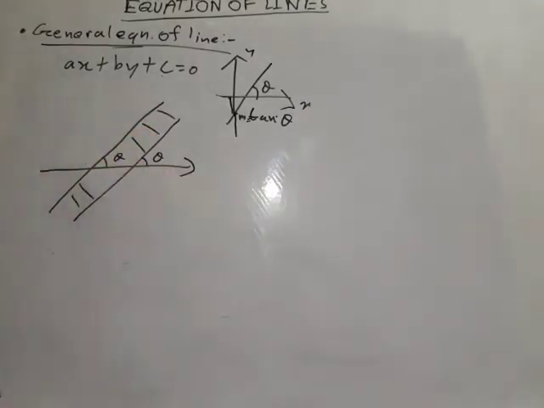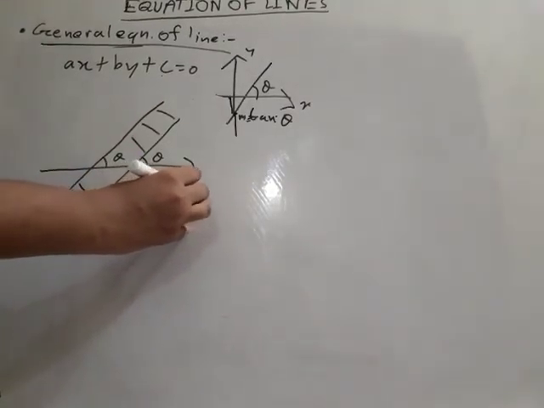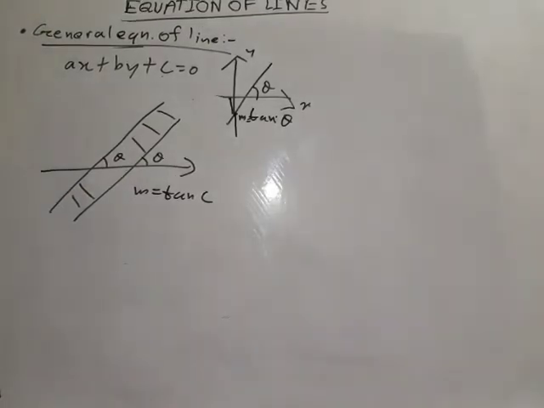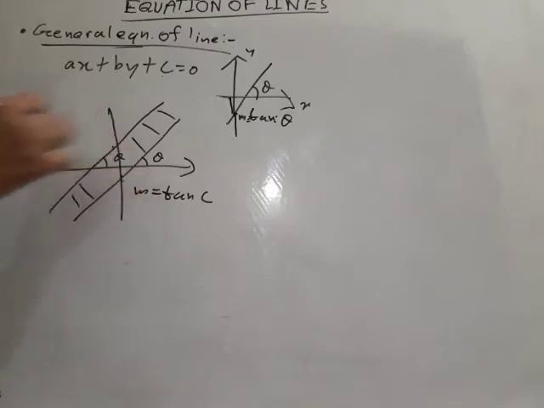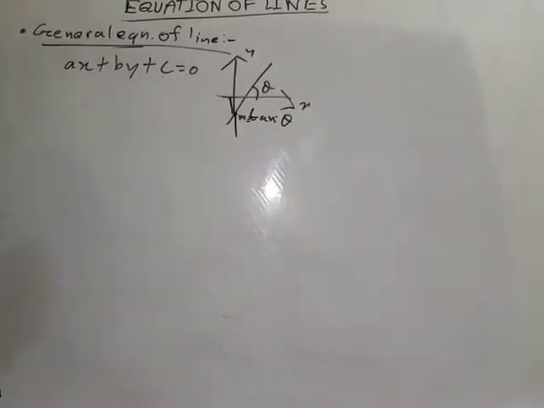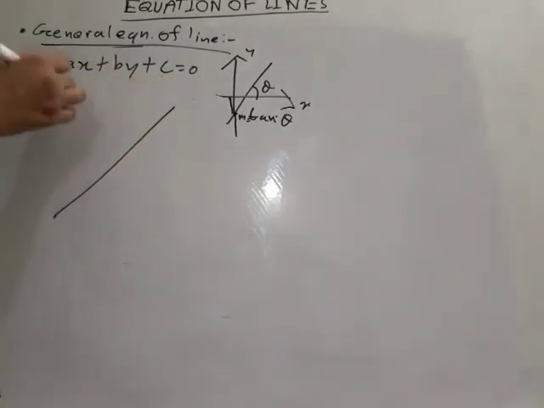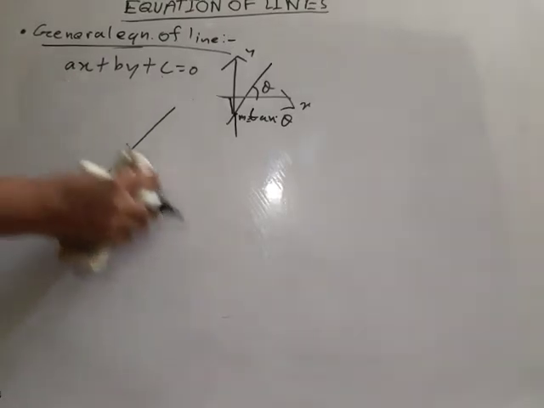They cut the x-axis at the same angle, so slope m equal to tan theta is the same, but since it cuts the y-axis at different points, the constant term not related to x or y is different. And for a perpendicular line, let a line be like this, and another line like this, which is at 90 degrees to the previous line. This is the perpendicular line.